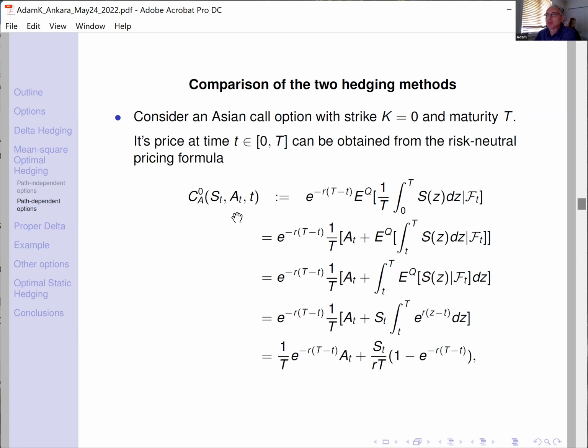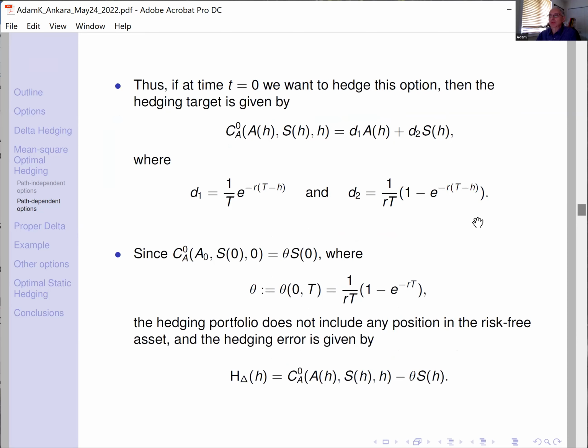So in this case, this is the option we are interested in. The price of the option at any earlier time is a linear combination of the current integral plus certain linear function of the spot price. So this is easy to work with. This will give us the form of the hedging target at the end of the hedging period.